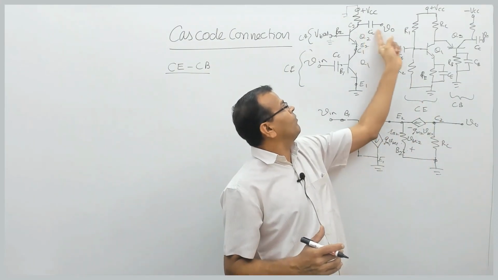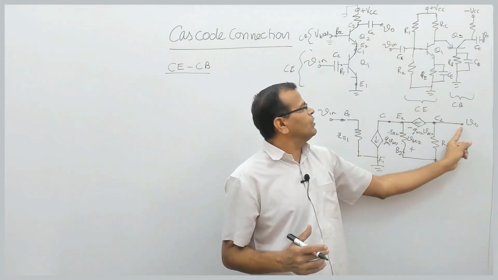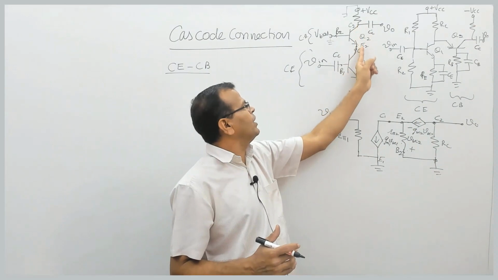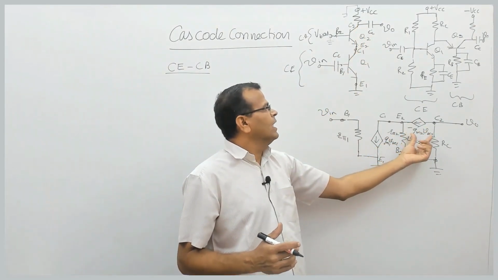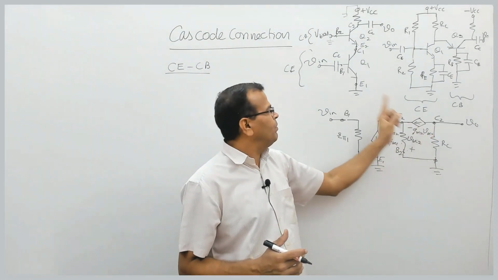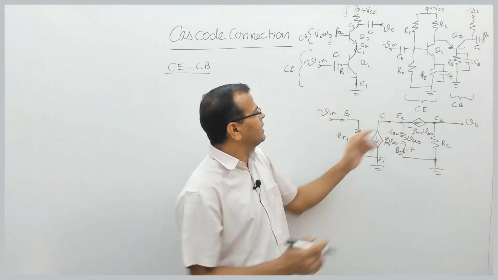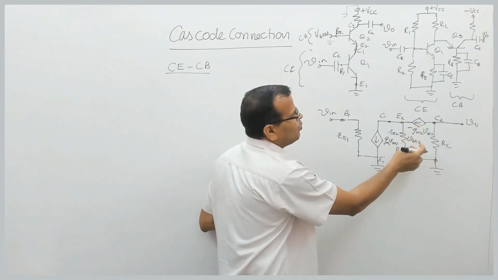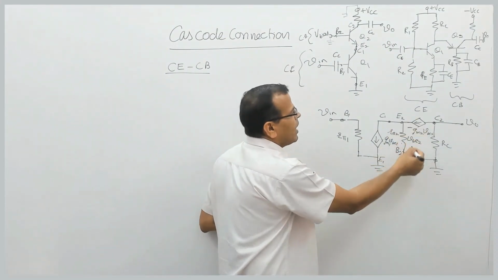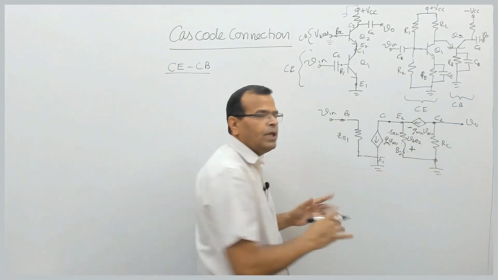C2 is the terminal from which we are taking the output voltage V0. Between C2 and E2 we have a voltage dependent current source, gm2 VBE2. VBE2 is the voltage between base and emitter, so the lower end has to be plus and the upper end has to be minus.